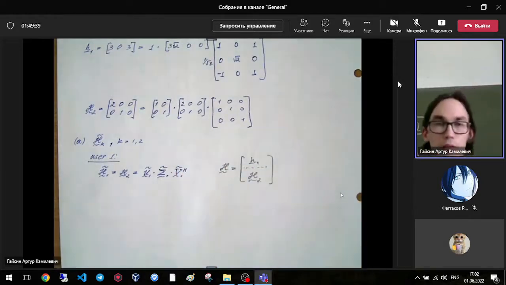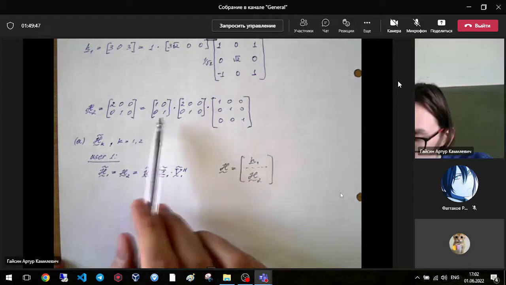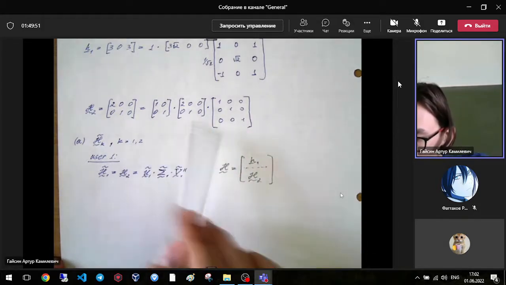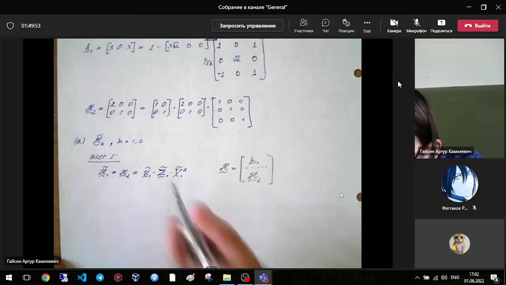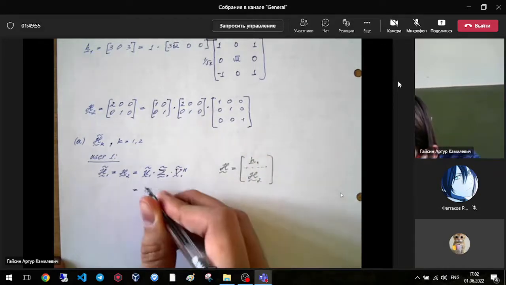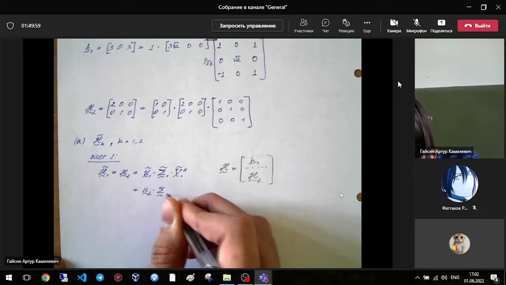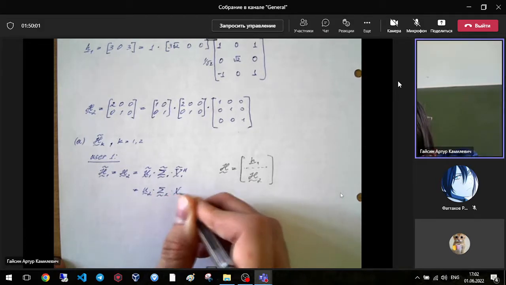But you can see already that this U1 with tilde, sigma 1 with tilde, and V1 with tilde are the same as U2, sigma 2, and V2. So we can write it as U2 times sigma 2 times V2 Hermitian.